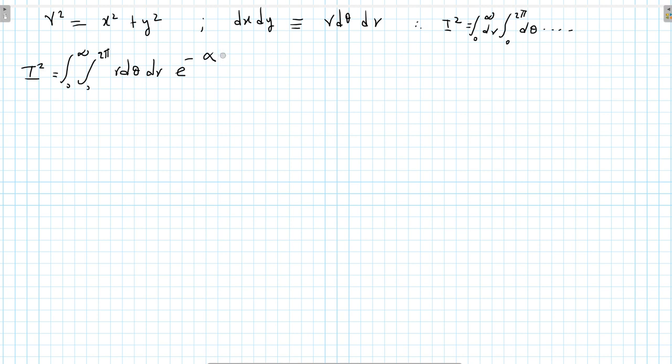Instead of x squared plus y squared, we're going to have r squared here. So you can see we can bring out the integration from 0 to 2 pi for d theta. Sorry, it can decouple.